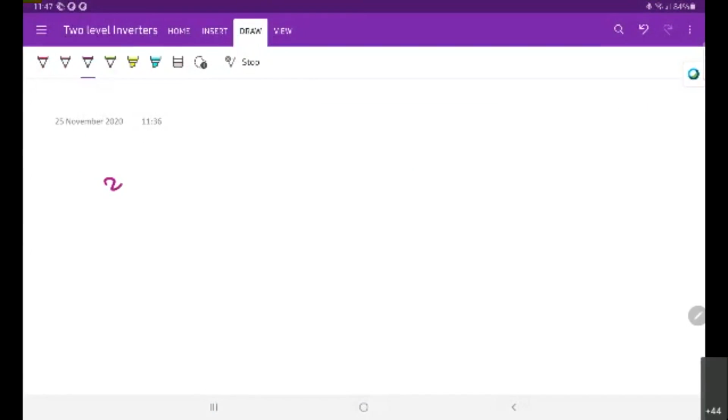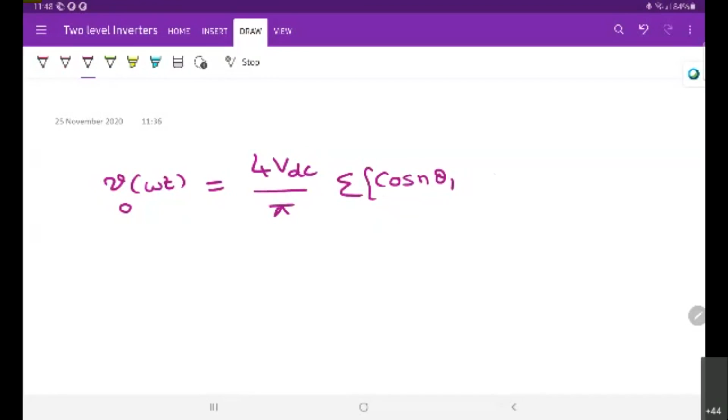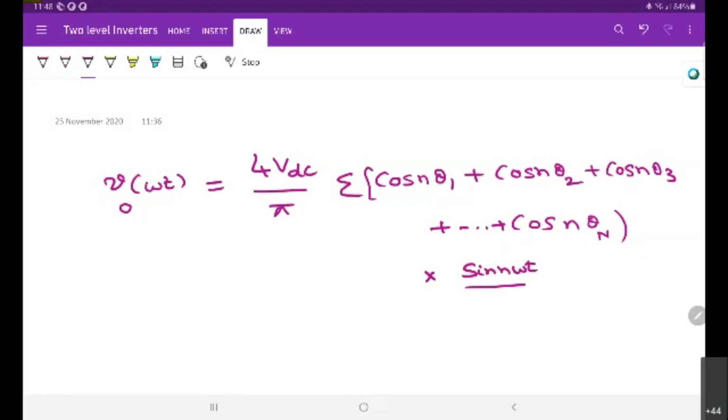This is the output voltage produced, equal to 4 VDC by pi into the sum of cos n θ1 plus cos n θ2 plus cos n θ3 and so on up to cos n θN, where capital N is the number of H bridges connected in cascade, into sine n omega t by n.